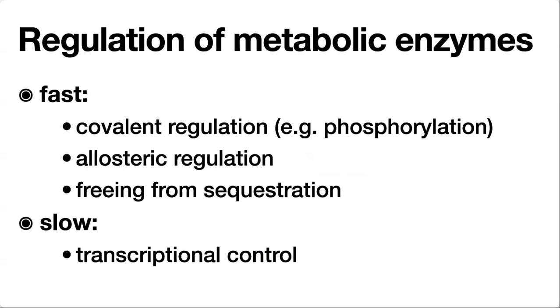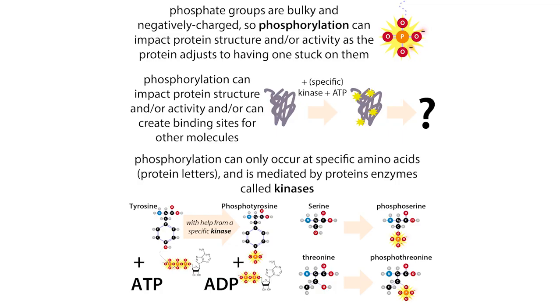If we want to really quickly change the activity of an enzyme, we can do this in a couple of ways. One is by covalent regulation. This is typically done by phosphorylation, where we can have a phosphorylation cascade set off by a signaling pathway that's going to then regulate the activity of these enzymes and therefore regulate the pathways.